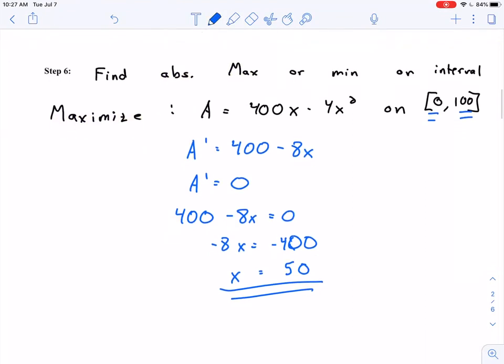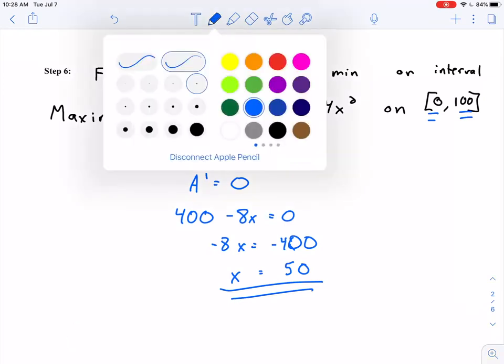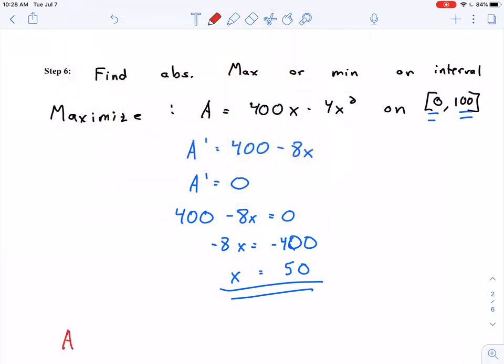So I'm going to start by working with the endpoints just so that we don't forget to look at those. And let me change up my color here since we're doing something a little bit different. Let's start with 0. I've got 400 times 0 minus 4 times 0 squared. Here we just end up with 0.